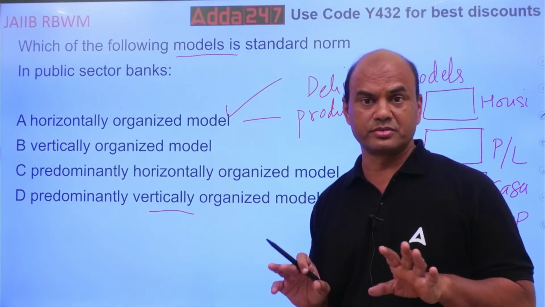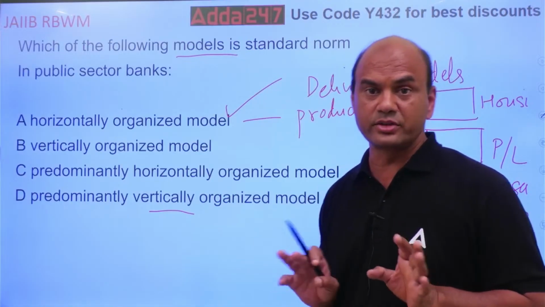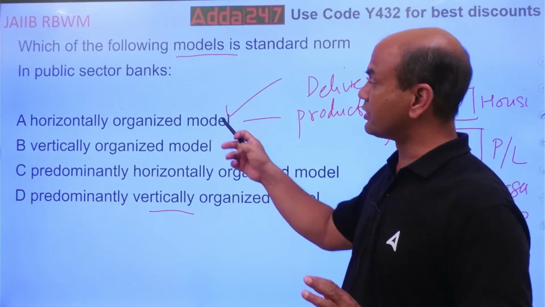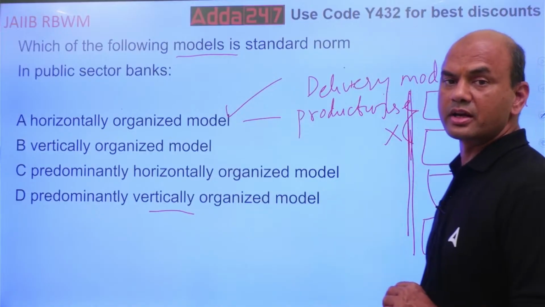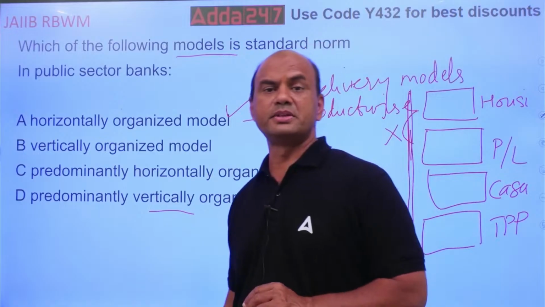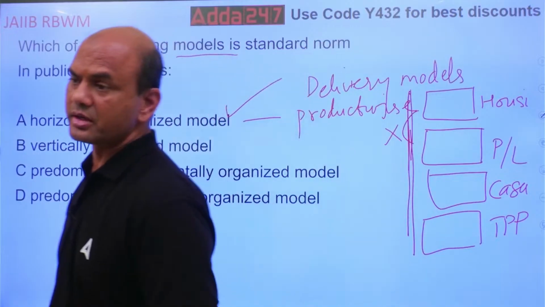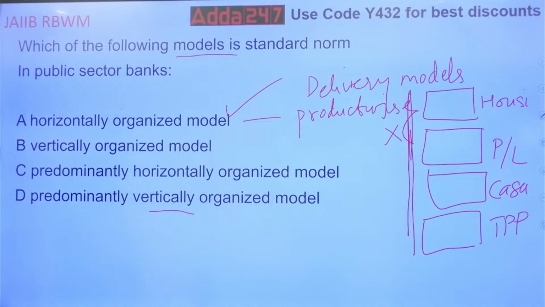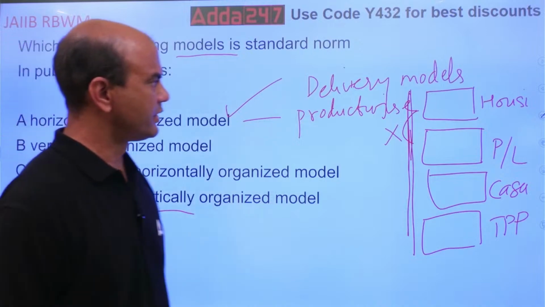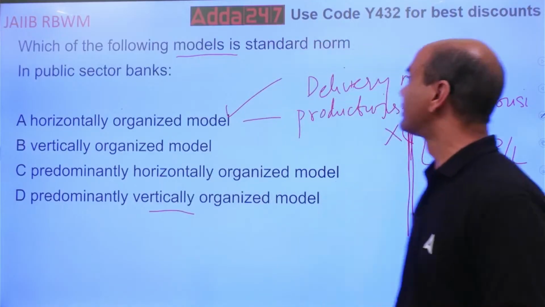But you have to write what the book says. So it is the horizontally organized model. Got it, everyone? Let me see in the comment section how many of you got it correct.